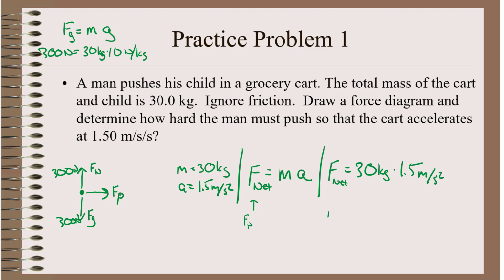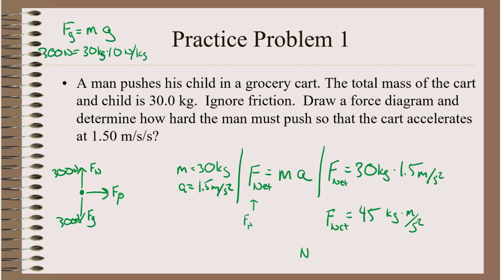Now that gets me a net force of 45, but if I look at the units, I get kilograms times meter per second squared. All forces are measured in newtons, so what's going on here? Well, a newton is the amount of force or push required to take a 1 kilogram object and accelerate it at 1 meter per second squared.